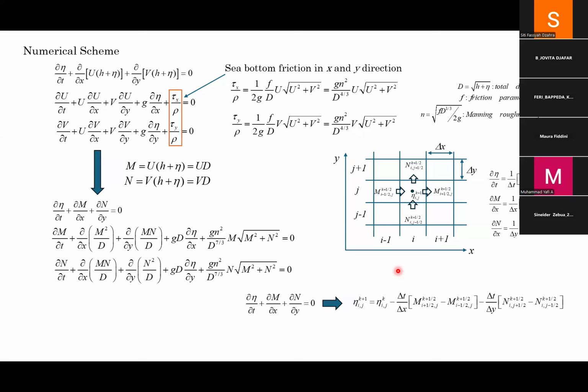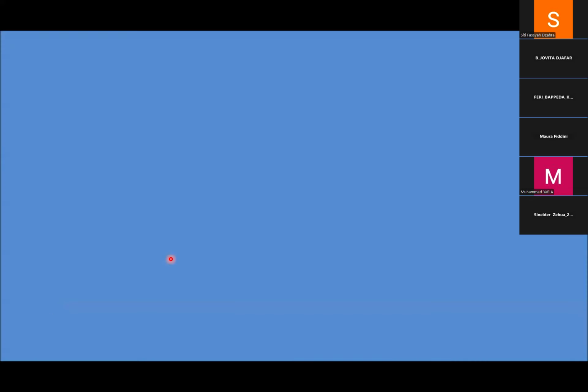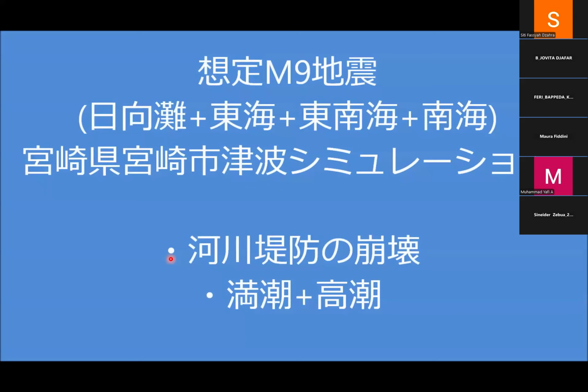After discretizing the momentum equations and the mass conservation equation, we compute the tsunami propagation at each time step. I will show you the same movie again here.